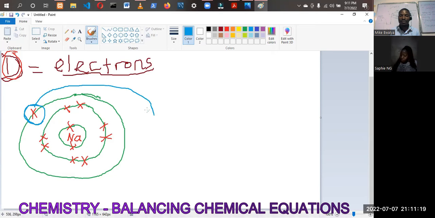So this one electron is the one that will take part in the chemical reaction.